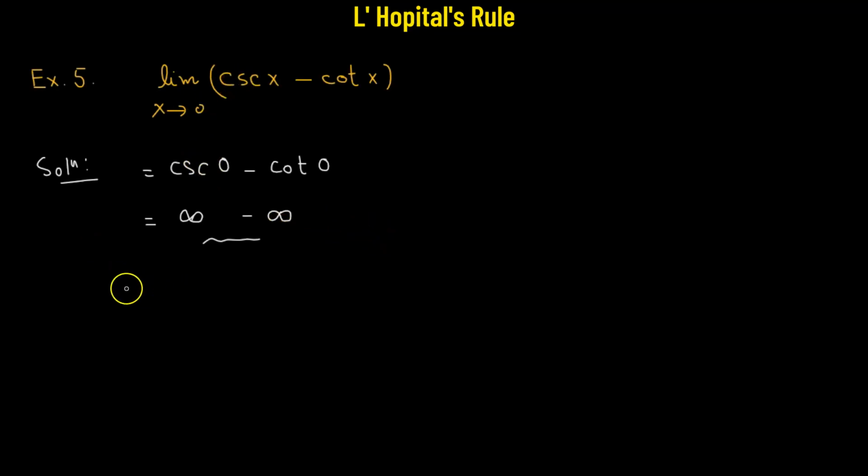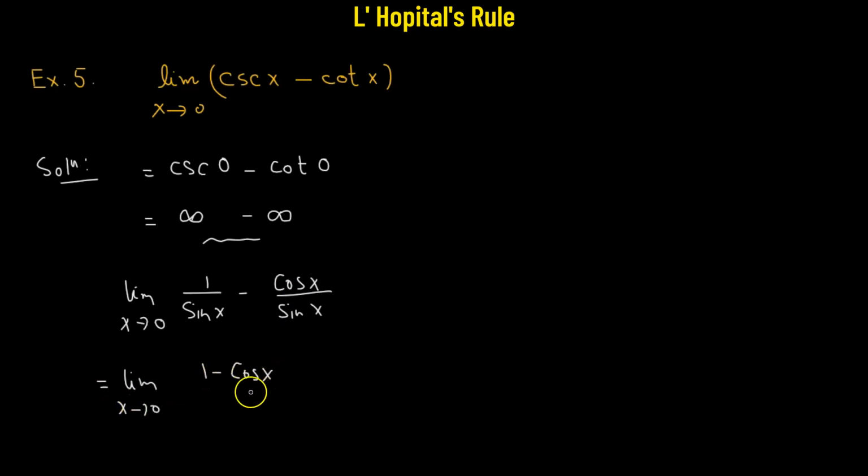So that means we can rewrite our function. We have x approaching 0. Cosec x will be 1 over sine x minus cotangent of x, which is the ratio of the cosine function to the sine function. So this is the limit as x approaches 0 of 1 minus cosine of x divided by sine x.